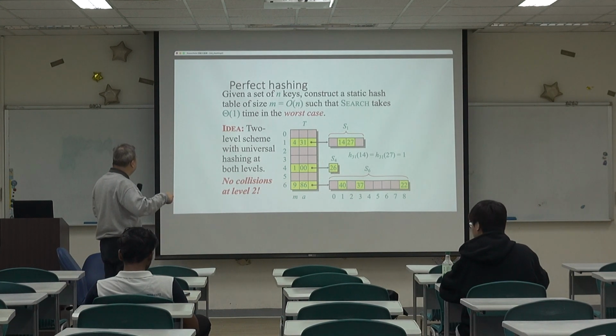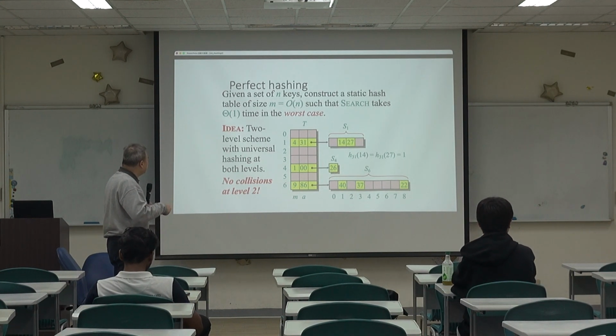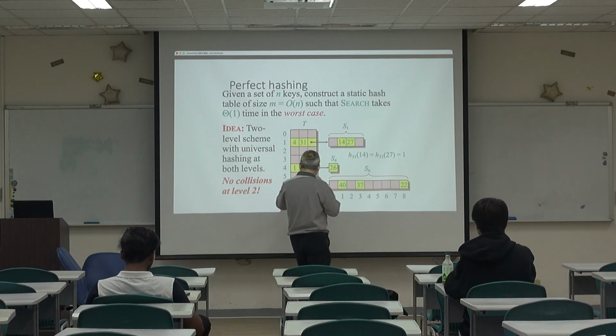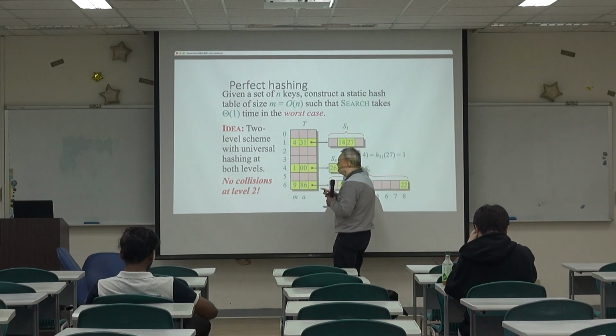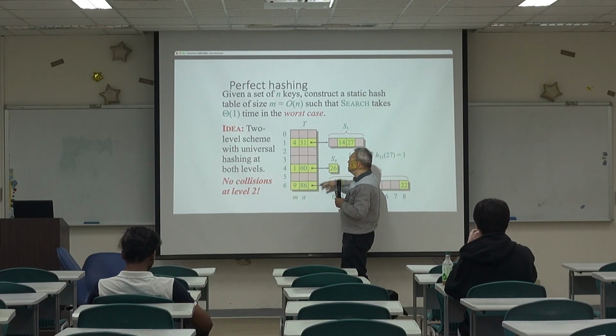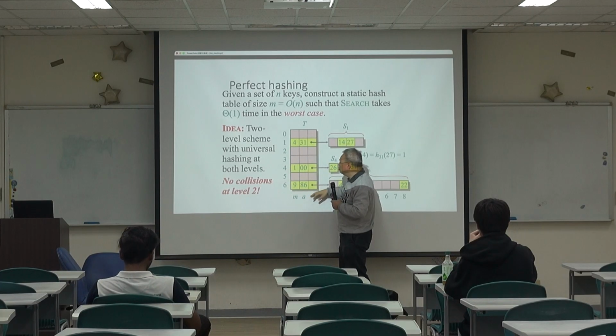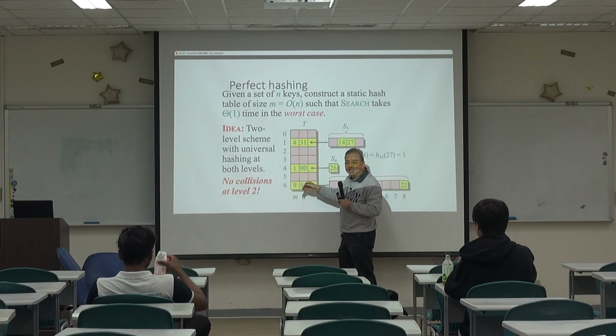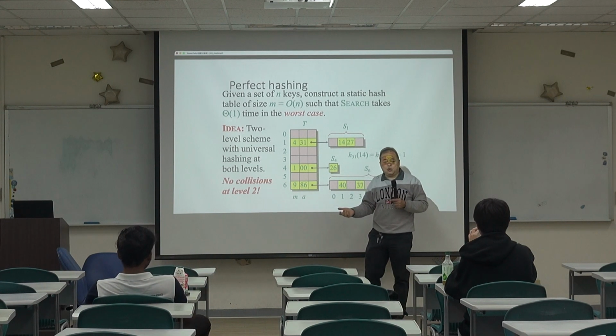It is called the two-level scheme. First, your n keys, you have a universal hash function to map to a hash table of size n. If there's no collision at all, wonderful.